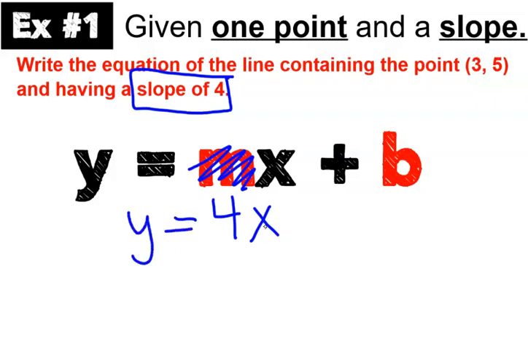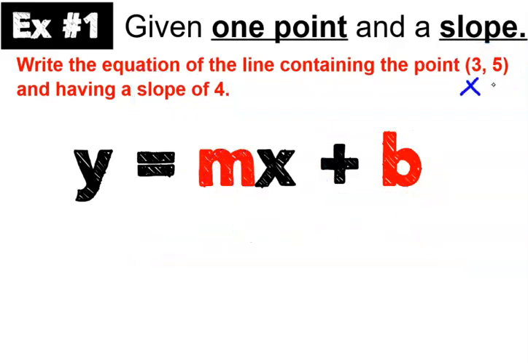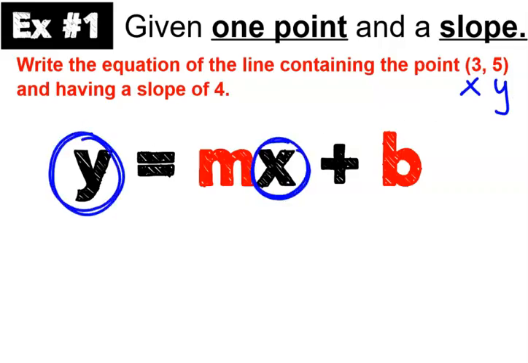Now the only problem is we don't know the y-intercept or the b value. So we're going to have to use this point in this equation to help us figure out what b is. And we're going to do that by using the x and y coordinates as replacements for these variables.